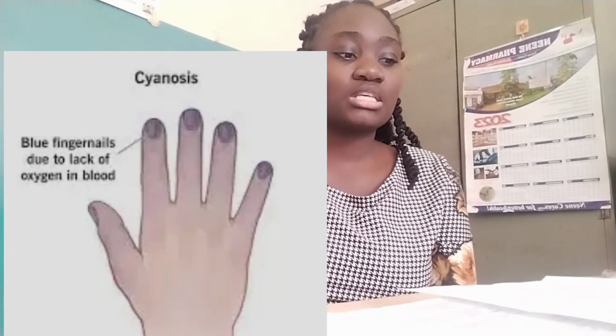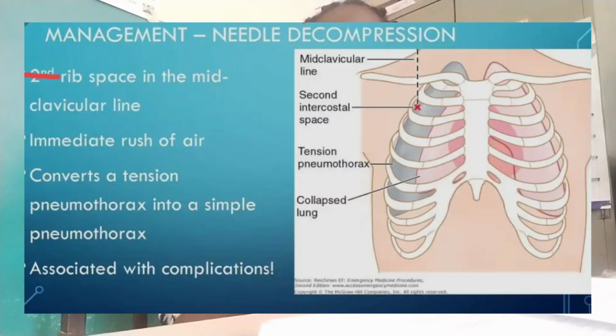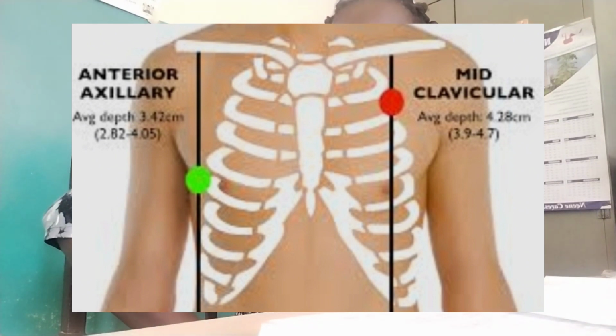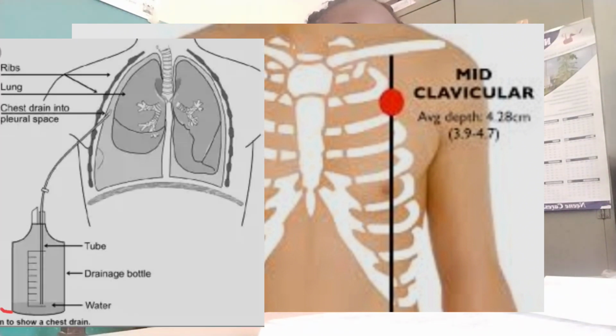Treatment is generally emergency decompression by inserting a tube in the second intercostal space at the mid-clavicular line. A chest drain can also help with that.